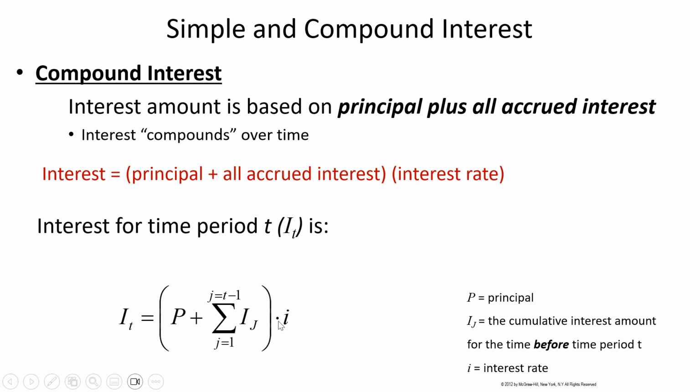I is a rate, and if it's a percentage, then we'd express it as a decimal here. So if the interest rate was 10%, then for I we would put in 0.10.